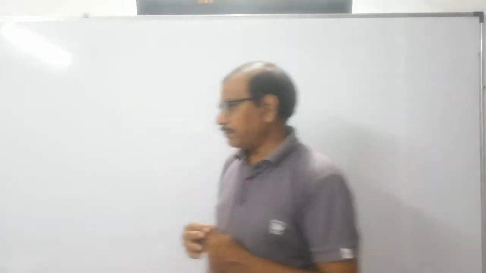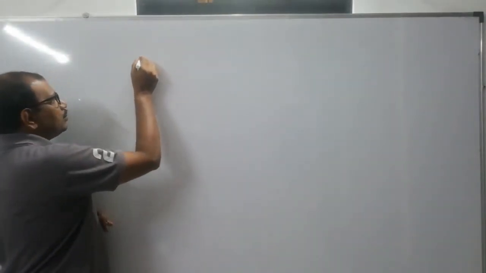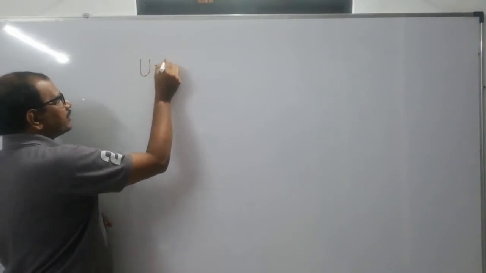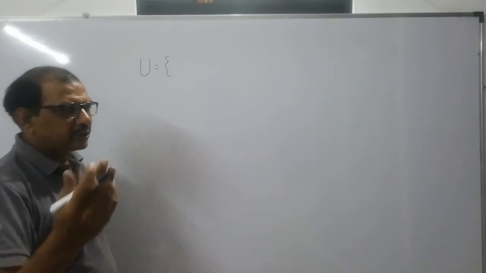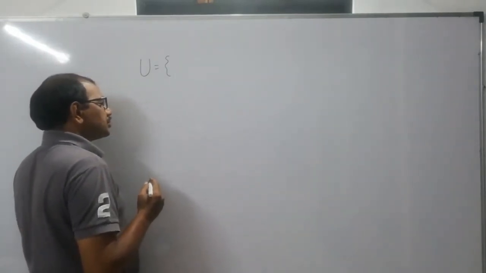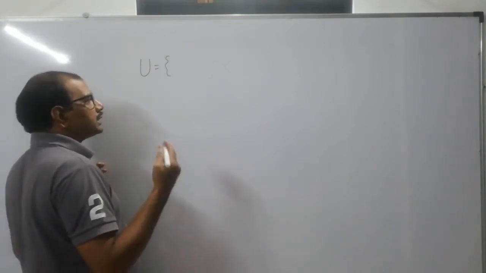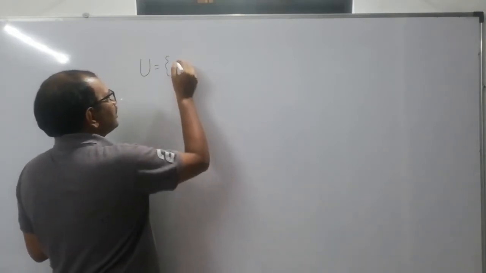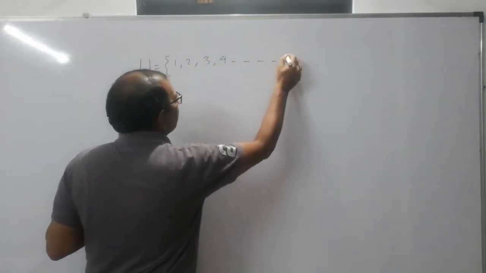For examples, I'll take a universal set. Say U is a universal set having elements, a simple example so that you understand it better. So U is a universal set, the set of all natural numbers less than 11. We'll have 1, 2, 3, 4, till 10.